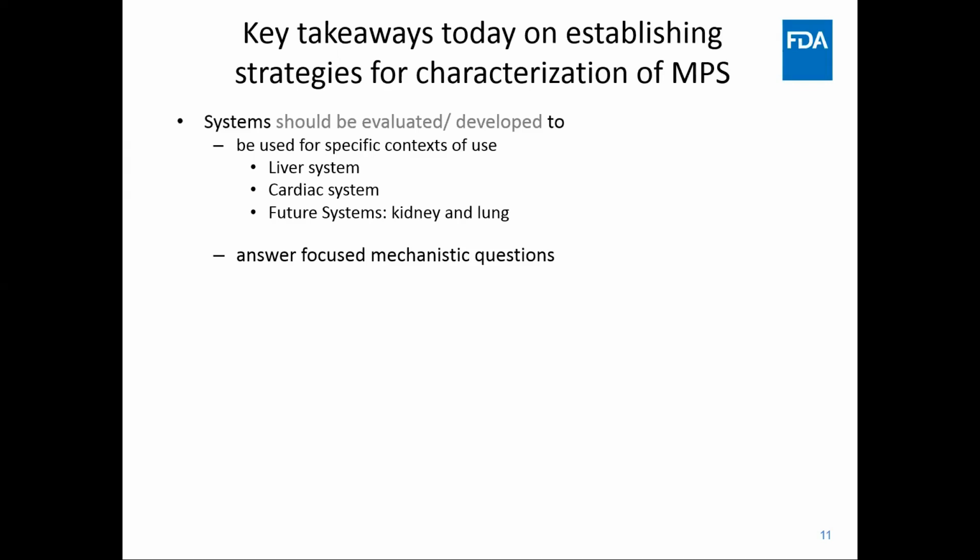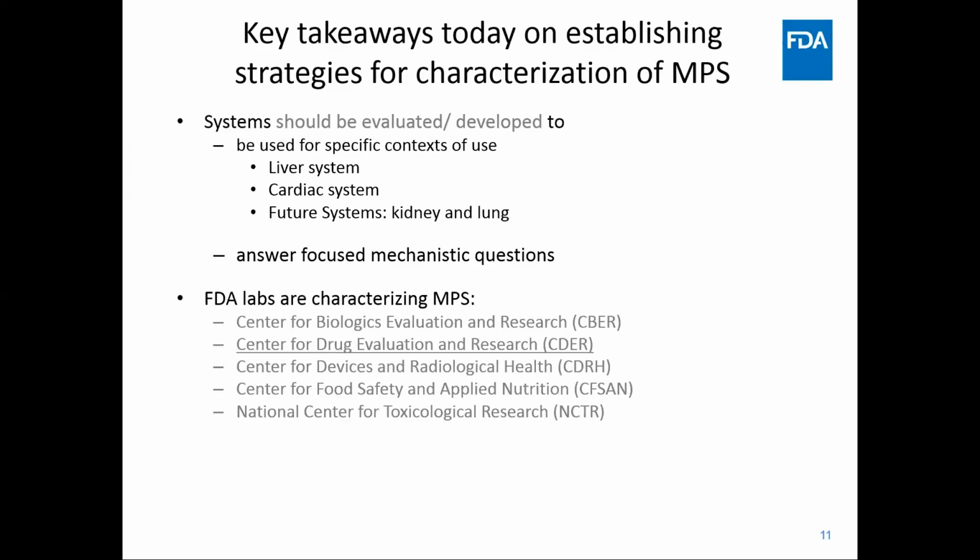Hopefully, I'll be able to convince you that these systems can answer focused mechanistic questions, and I'll give particular examples for this. I'll also mention that not just our center, but other labs in other FDA centers are also characterizing microphysiological systems, obviously for context of use that relate to the products that are regulated in those centers.